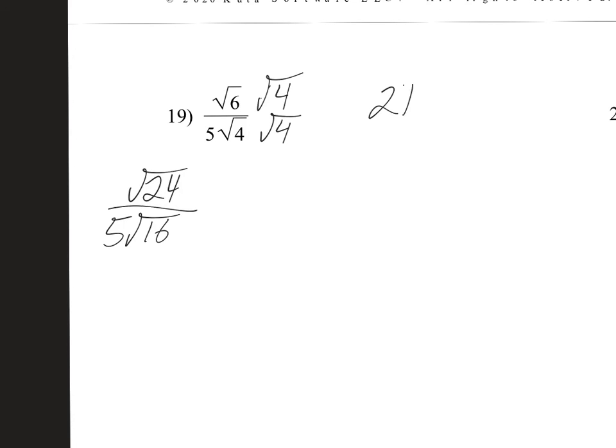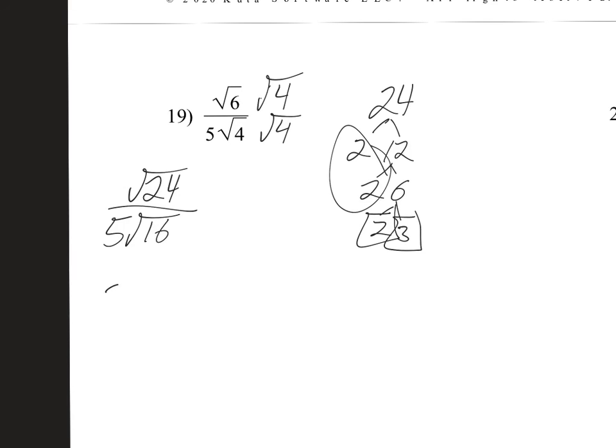Okay, so 24, let's split this up. 2 and 12, 2 and 6, 2 and 3, so that's a pair of 2's, and then a 2 and a 3 left over. So I have 2 radical 2 times 3 is 6 over 5 times radical of 16 is 4, so 5 times 4 is 20. We can simplify that a little bit more, the 2 and the 20, so that's radical 6 over 10.